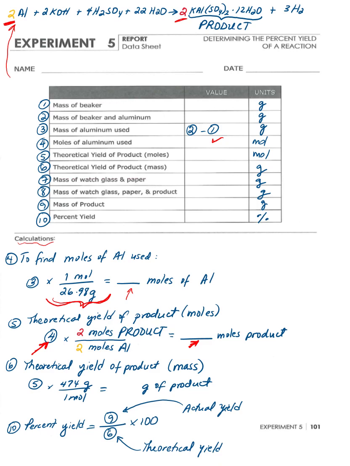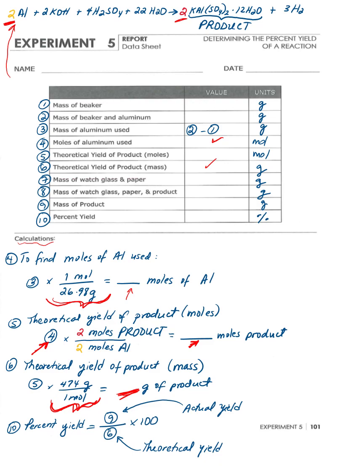You have the moles of your product that you're calculating in number 5, and you want to convert those moles to grams. So we're multiplying here by the molar mass of your product, which is something close to 474 grams per mole. So your moles of product, what you have in number 5, times 474 grams per mole, will give you your theoretical yield of product in grams, which is the number that you need right there in number 6.